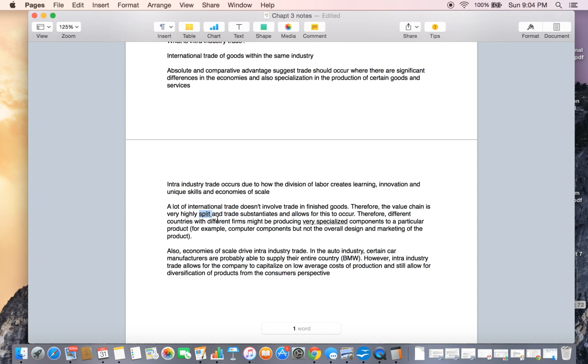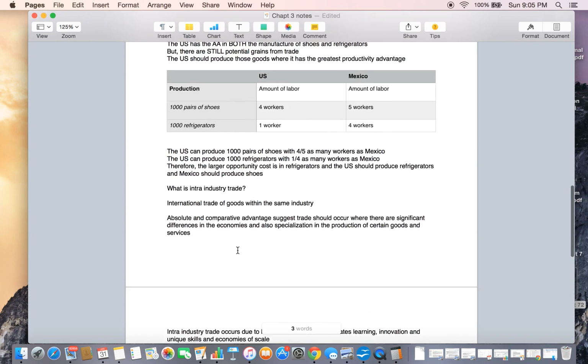So production being very specialized, and also economies of scale benefiting industry and driving firms to increase production and then trade globally, enabling them to capture those lower average costs.